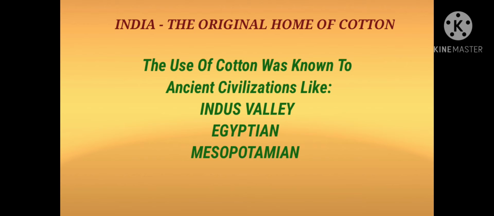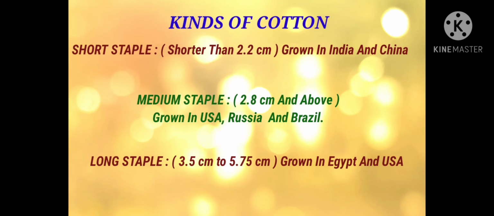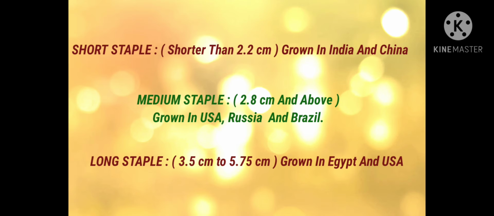The Industrial Revolution and invention of machines further boosted use of cotton by making textiles or cloths. Depending upon the variations in their sizes, cotton cloths are divided under three heads, namely short staple cotton cloth, which is about 2.2 centimeters in size and is grown in India and China.